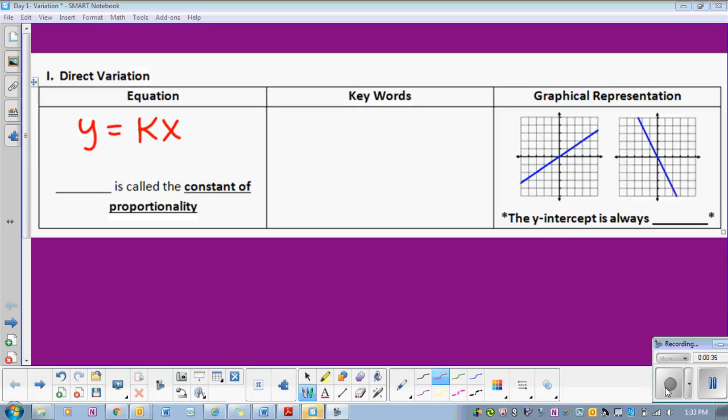And your constant of proportionality, this is your k. Some key words: how do I know when to use y equals kx?